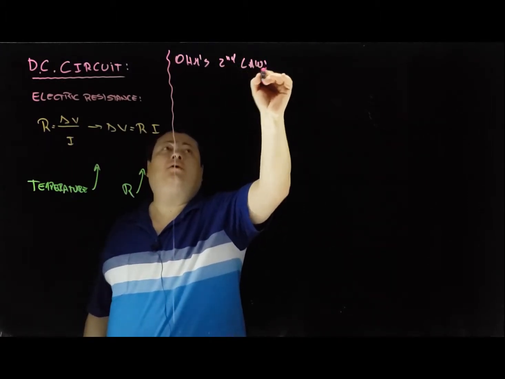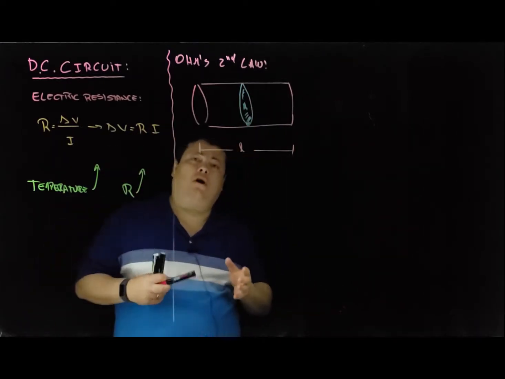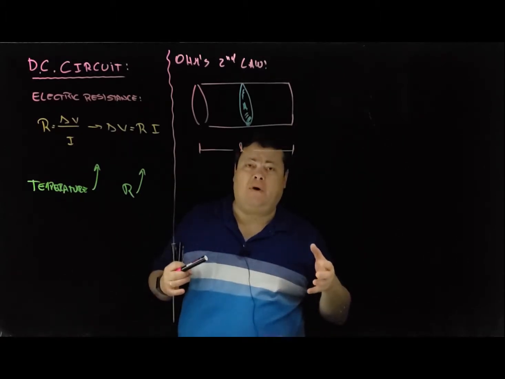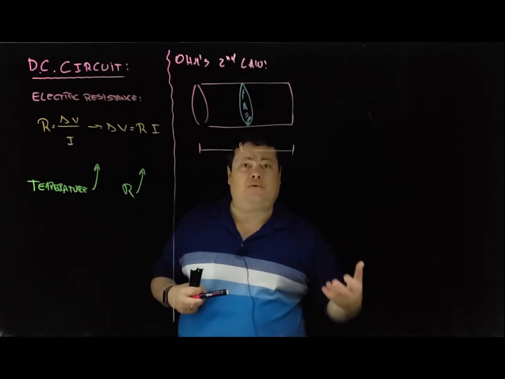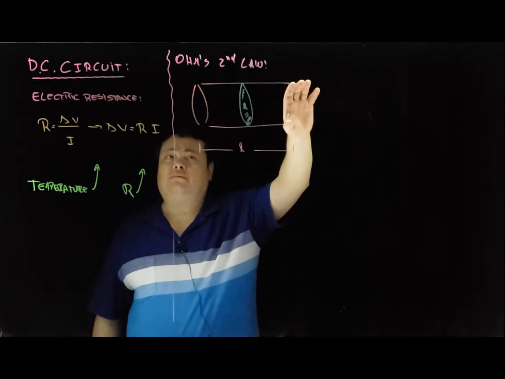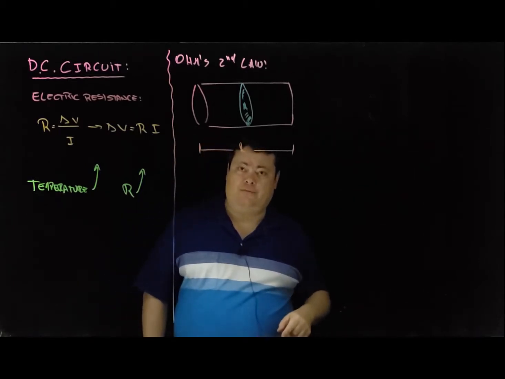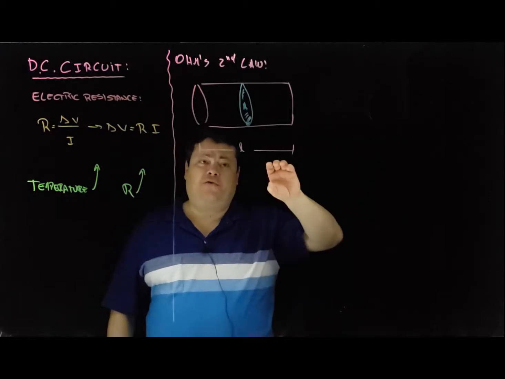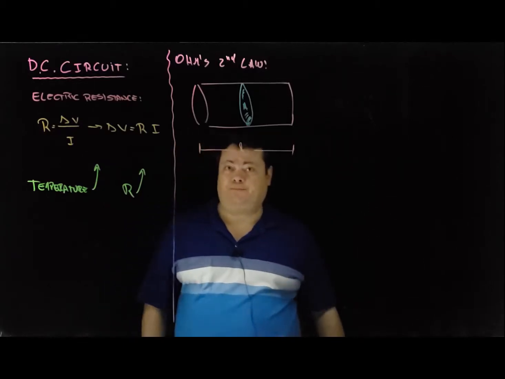So Ohm's second law will tell us how the geometrical form of my electrical resistance, of my wire, my material, will affect electric resistance. So let's first imagine in here that I have a wire of length L and cross-section area A. Okay, so the length L tells me just how long it is, and the cross-section area tells me how thick it is. Small cross-section area, large cross-section area.